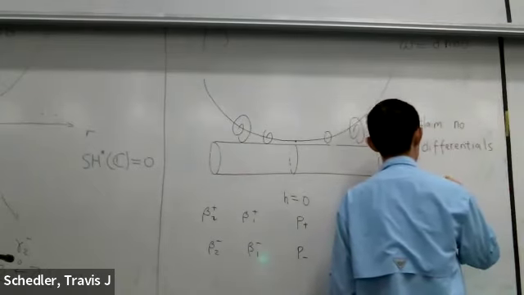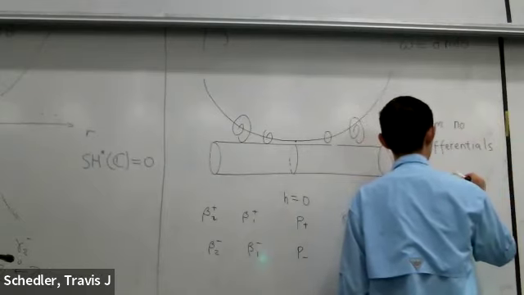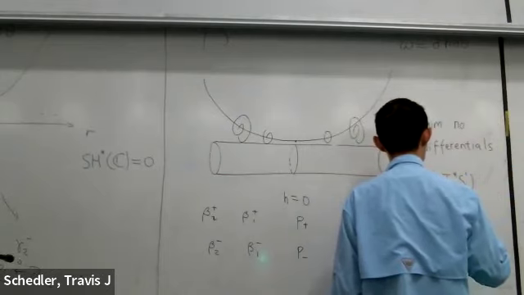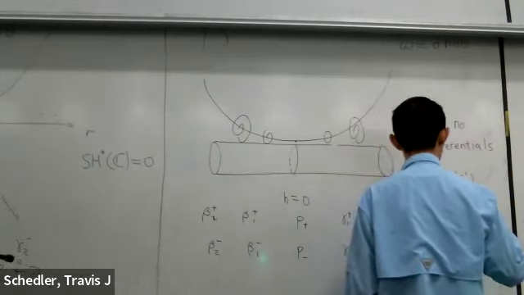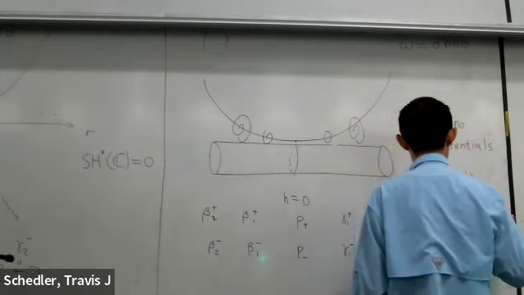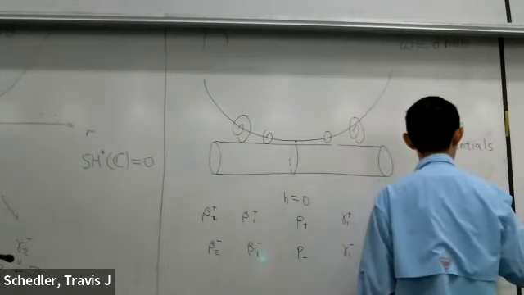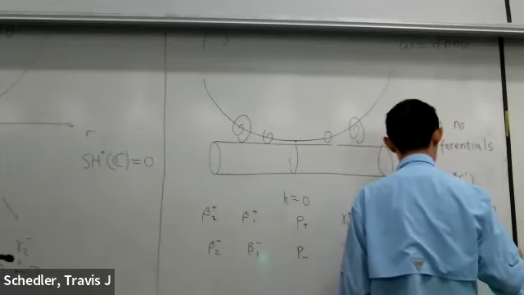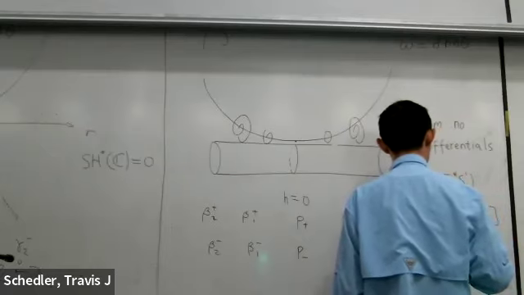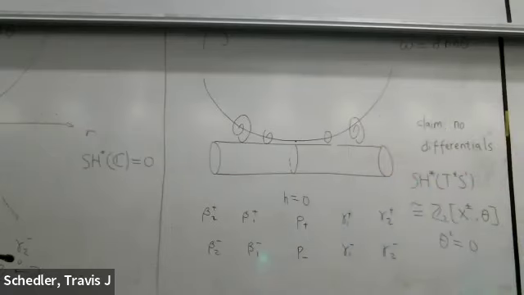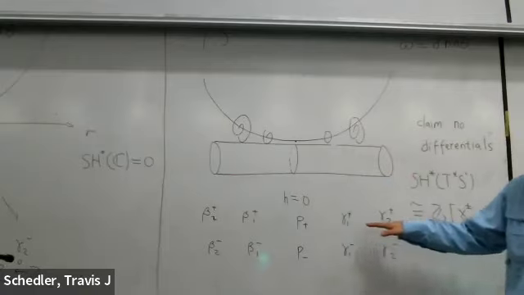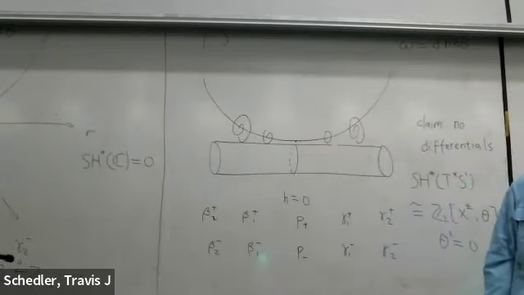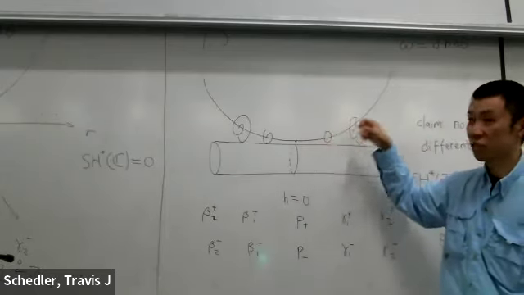So the final answer would be the following. This H star P star S1 is isomorphic to the ring with X plus-minus and another variable theta, theta squared equals 0. So it's like a Laurent polynomial ring, given by the wrapping numbers.